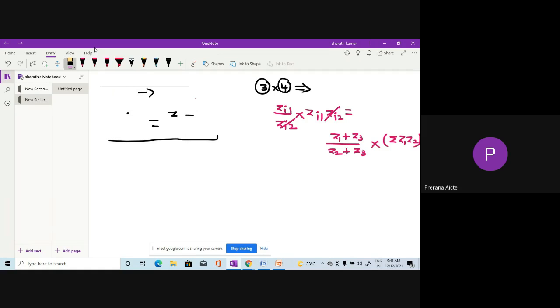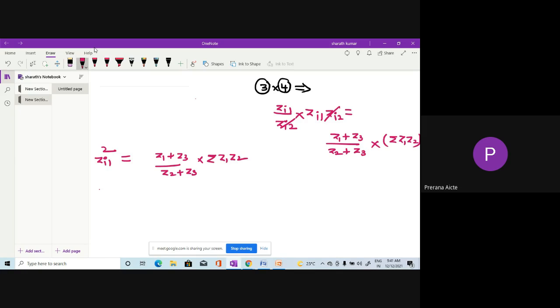Finally, Zi1 is equal to the root of Z1 plus Z3 divided by Z2 plus Z3 into summation Z1 Z2.